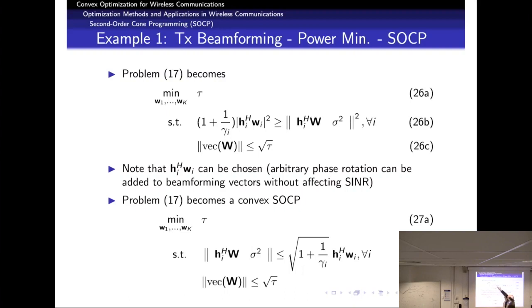This term will be positive, and you can remove the square there. And by doing this, you have a term here that is now positive because you have assumed that you have these degrees of freedom in the W to make this term positive. And now you have not a norm square, but you have a norm. So you have an L2 norm. And this is exactly the same formulation as a convex cone.